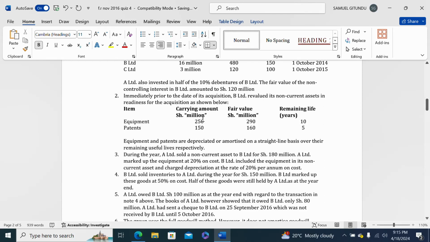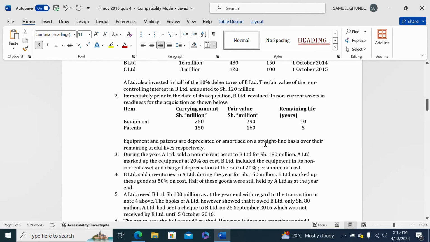So if it revalued these assets from 250 to 290 million, and then the patents were revalued from 150 to 160, then it therefore means that if B Limited continued to calculate depreciation based on the cost of this equipment and the cost of the patent, because they are using the straight line basis.